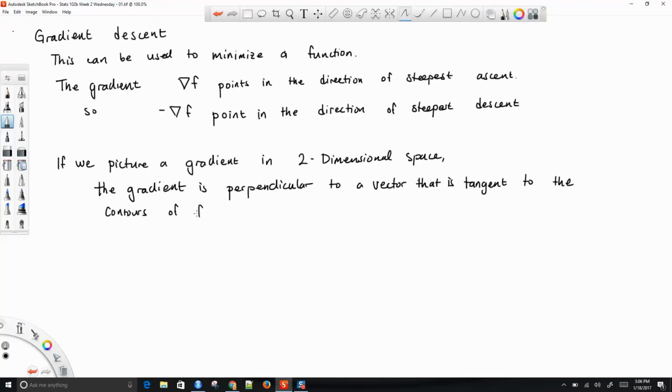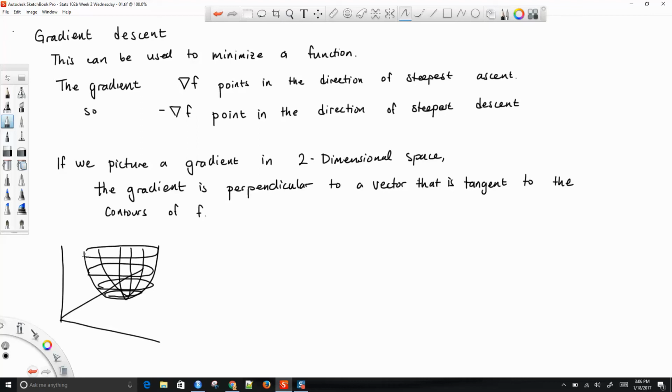So if we plotted a function in three-dimensional space, just imagine this to be some kind of bowl. Perhaps it's hard to see with my beautiful artwork.